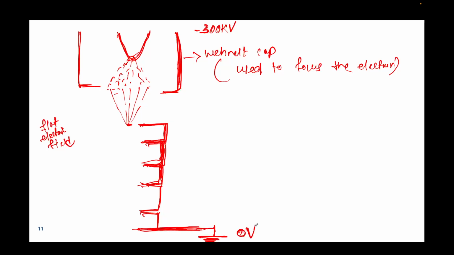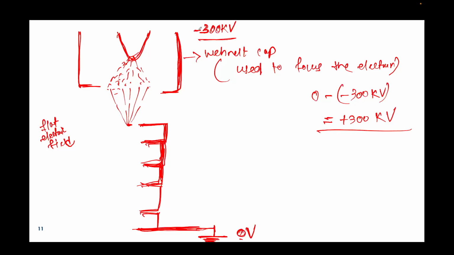That means the effective electric field I am applying is 0 volt minus minus 300 kV, which is 300 kilovolt. So this is what I mean by the anode plate, which is extracting the electron.